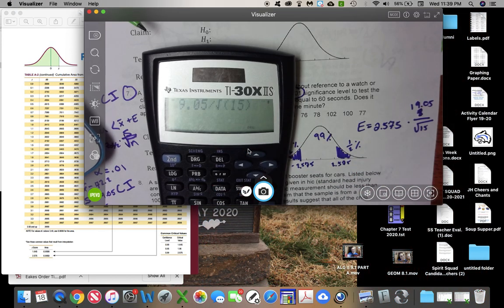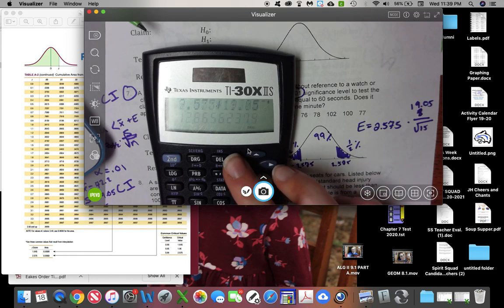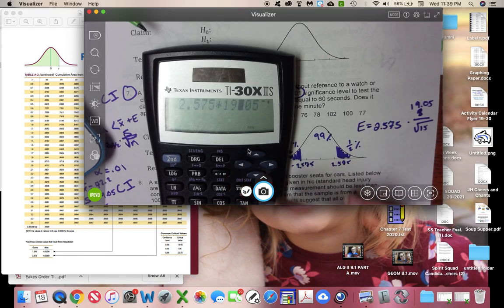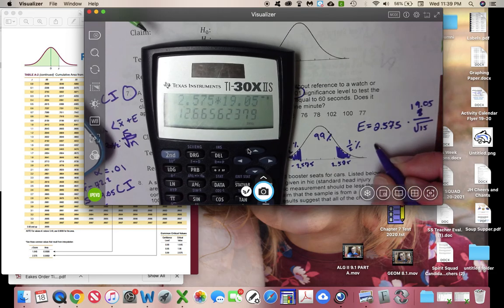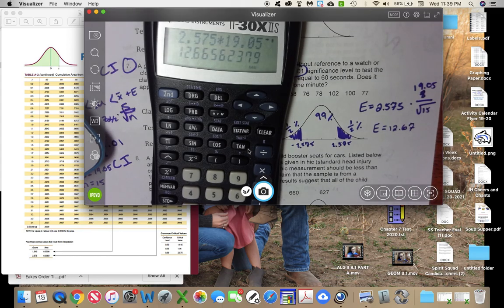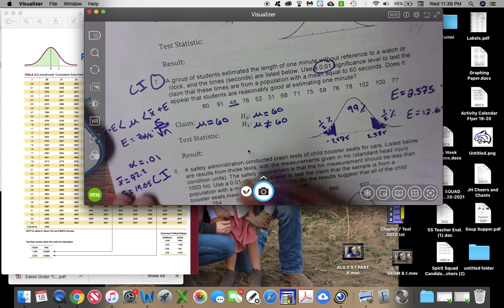Okay, there we go. Square root of 15. Yeah, that's a huge number. Enter. Okay, so the error is 12.67.